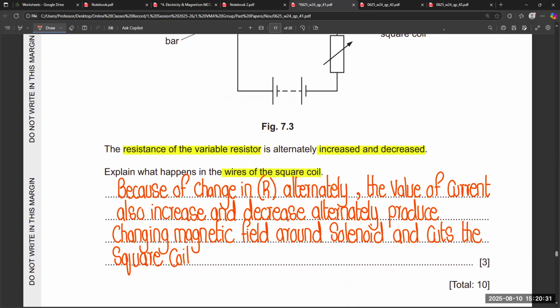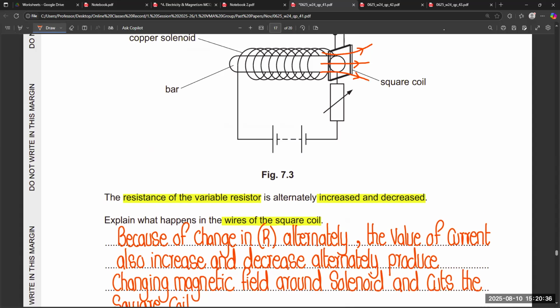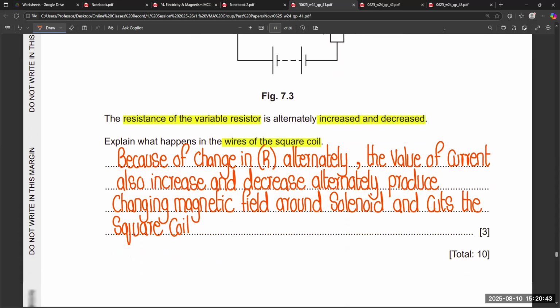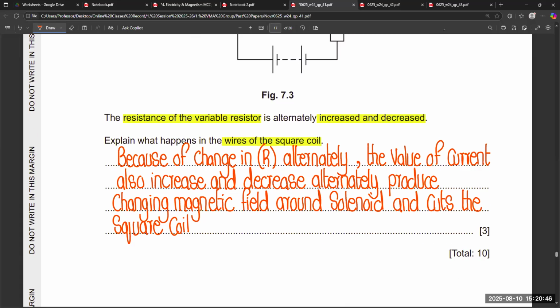Because of change in magnetic flux linkage in the square coil, which is newly included in this diagram, in the first diagram that square coil is not present, we also get induced EMF in this square coil, EMF induced in the coil.